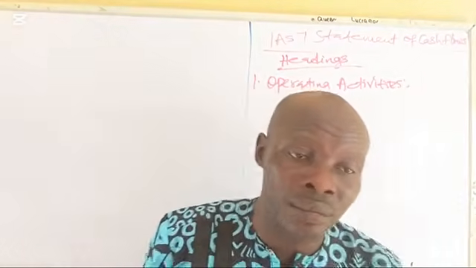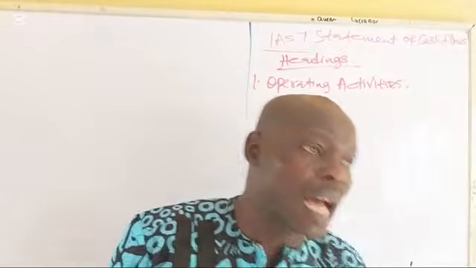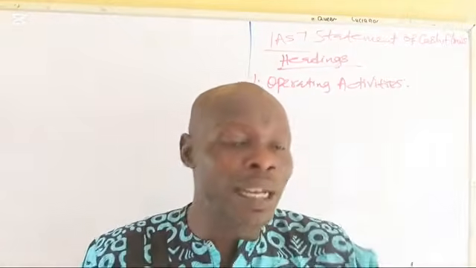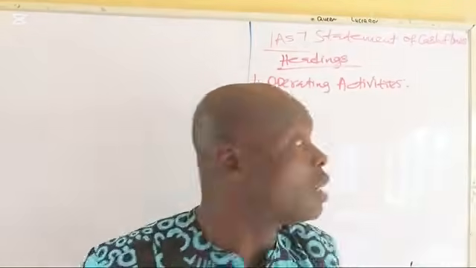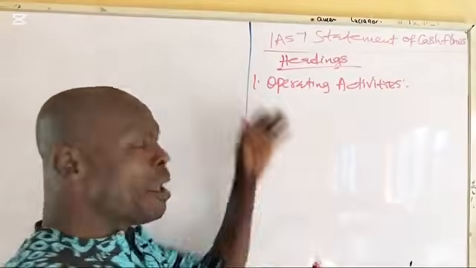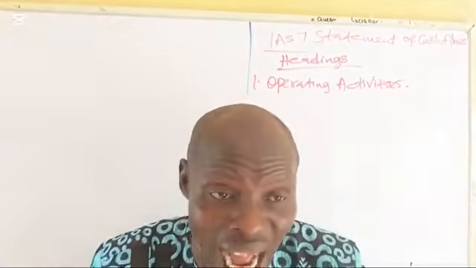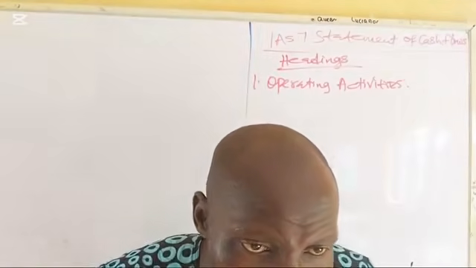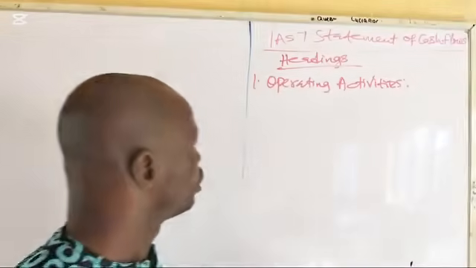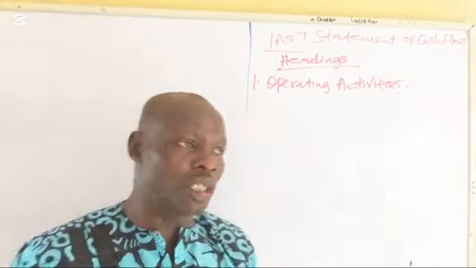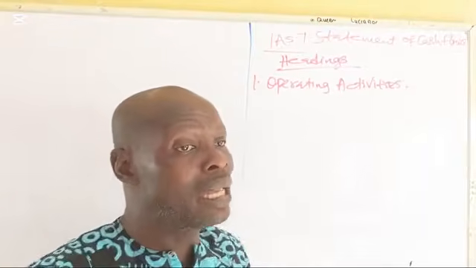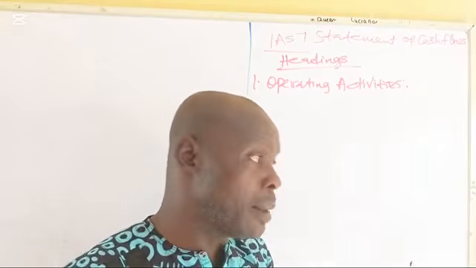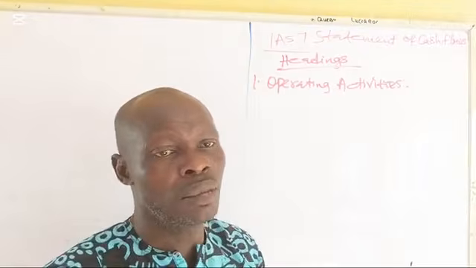Cash paid to suppliers, cash received from customers, taxes paid, interest paid, and so on. But under indirect method, what do you do under operating activities? You reconcile. So you prepare a reconciliation statement. And I've determined three different items that require adjustment in the process of reconciliation.